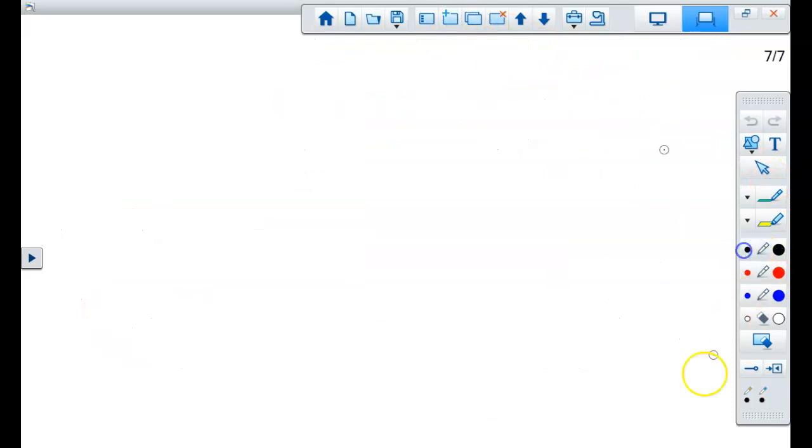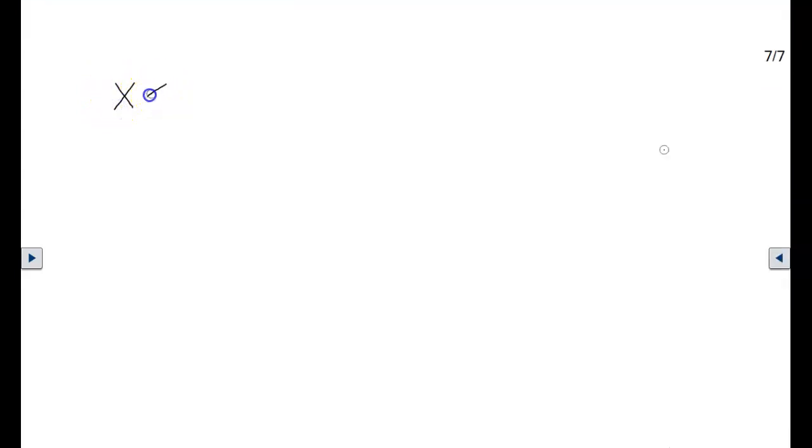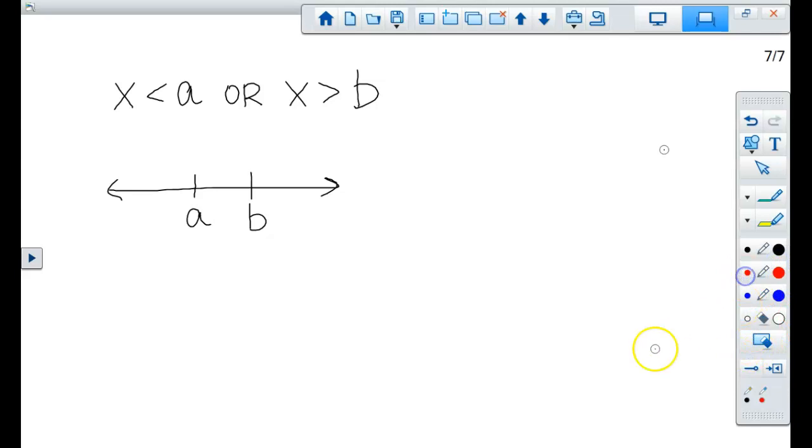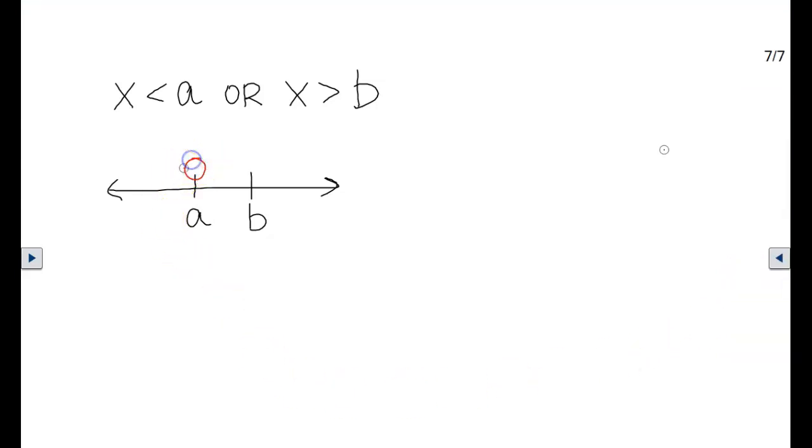Now, to kind of recap this, we started with our ors. We could have x is less than A, or x is greater than B. When we graph that, we're going to get the airplane wings. So open circle on A with shading going left, open circle on B, shading going to the right.